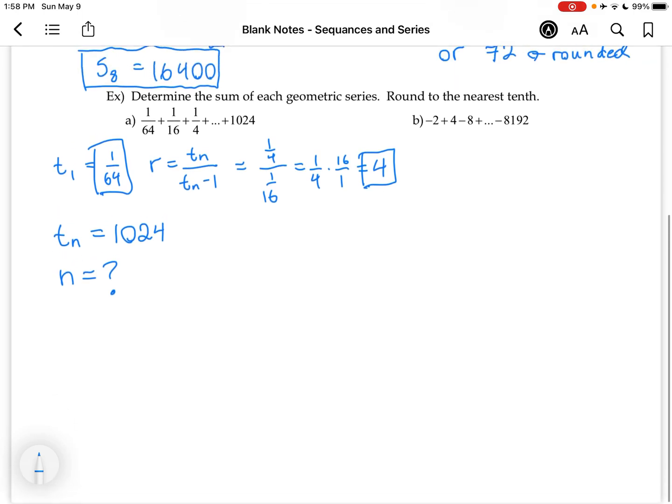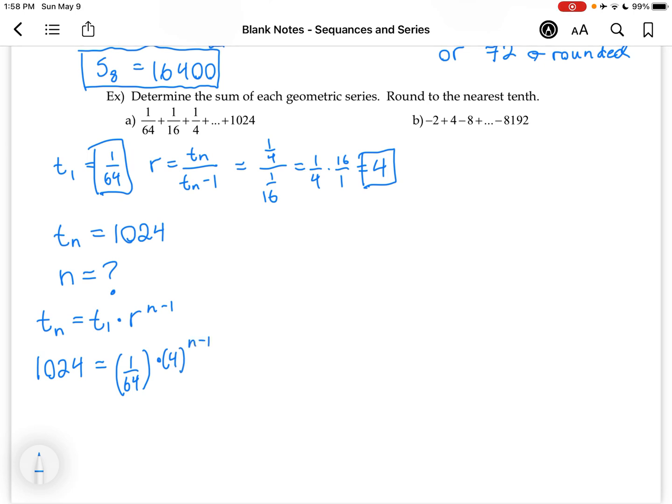Okay, so remember that Tn equals T1 times R to the n minus 1. So let's fill in what we know. We know that Tn is 1024, and that's equal to T1, which is 1 over 64, times R, which is 4 to the n minus 1.